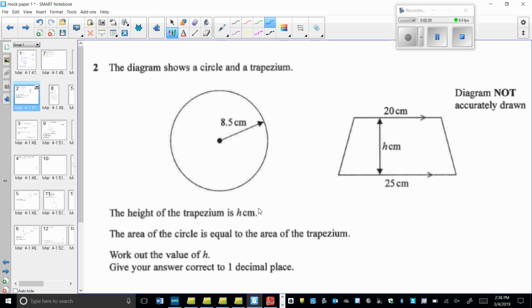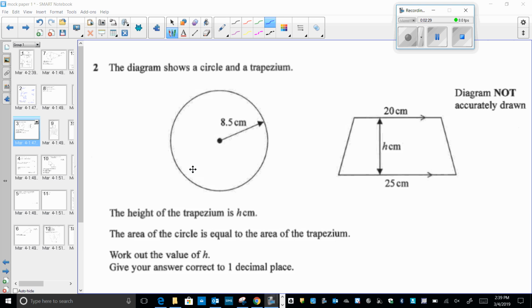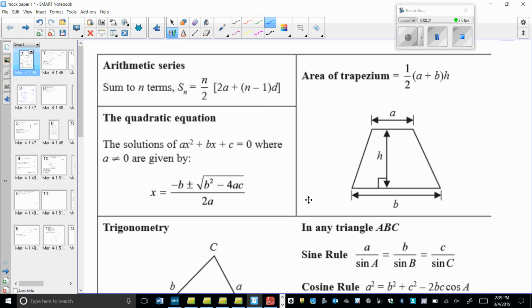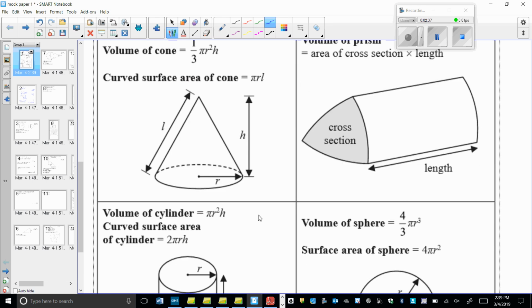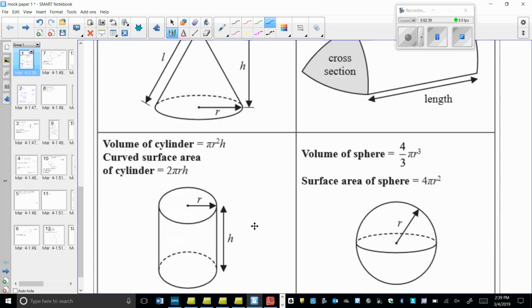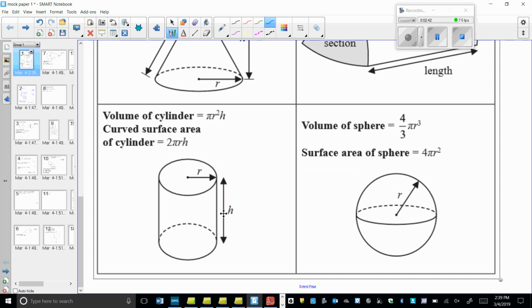Okay, height. Area of the circle is equal to the area of the trapezium. So the area of a circle. Going to the formula sheet, whilst you don't get given the area of a circle anymore, I'm hoping that you would be able to recognize that the volume of this shape here is the area of the end surface multiplied by the distance between the faces.